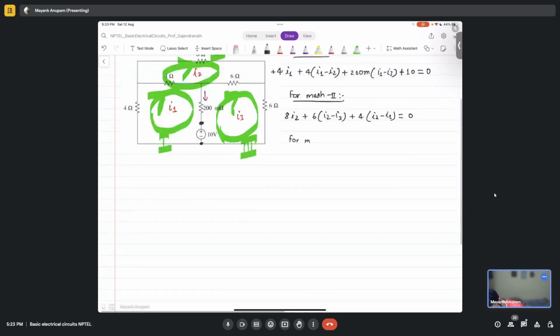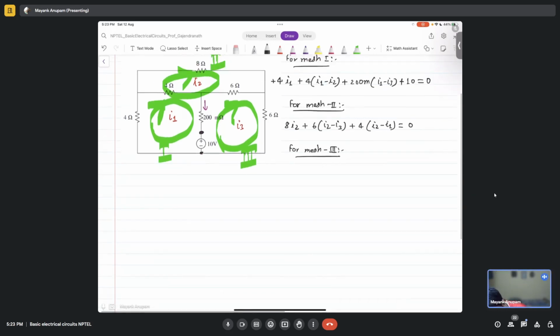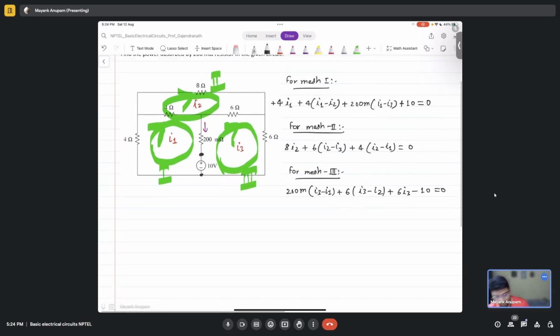For mesh 3, what will be the equation? 200 milliohm multiplied by (I3 minus I1) plus 6 multiplied by (I3 minus I2) plus 6 I3 minus 10 equals 0. Yes. Very good.